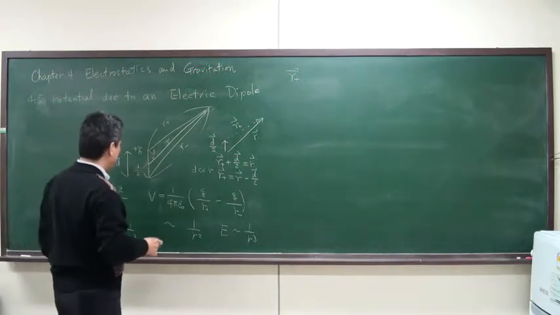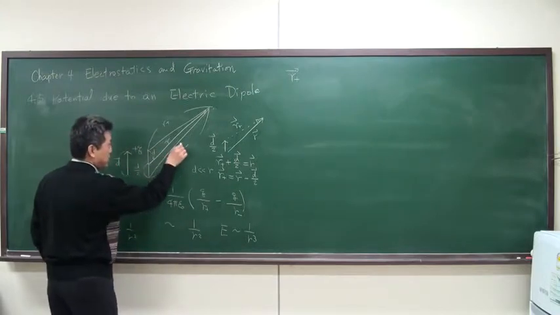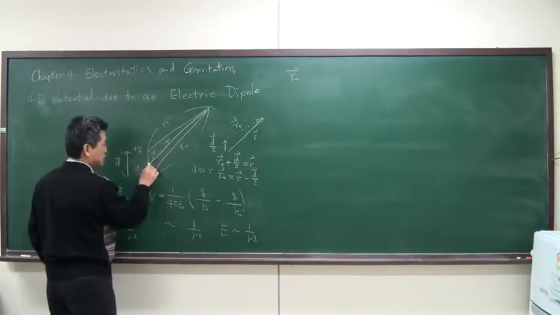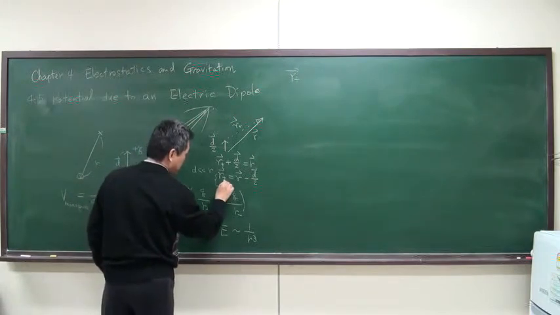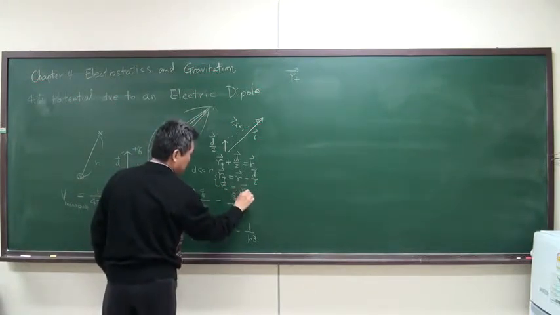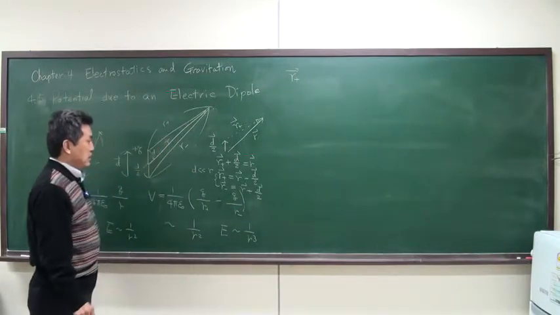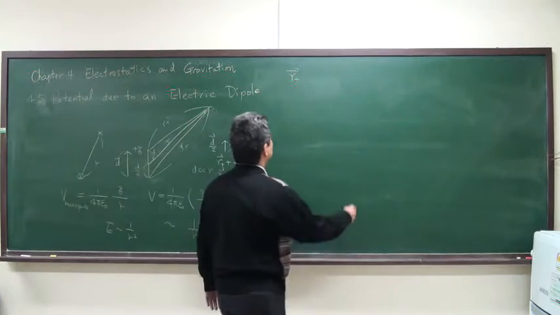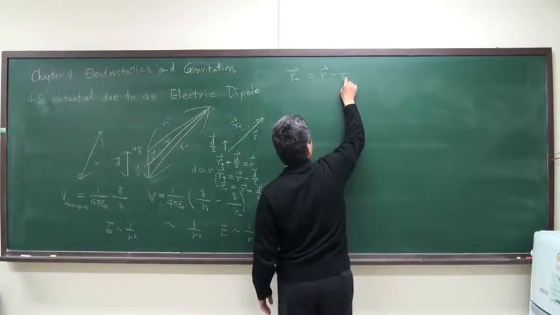In the same way, the vector r minus is this one plus this. So r minus vector equals r plus half of d. Okay, r plus vector is r minus half of d.